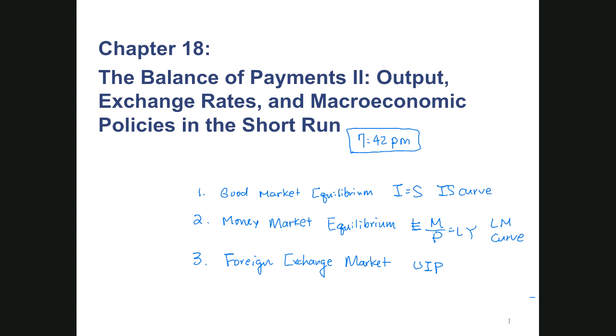Okay, so let's move on to chapter 18. We are going to look at one of the most important models in international economics, called the Mundell-Fleming model. It is named after two well-known economists, Robert Mundell and Marcus Fleming.